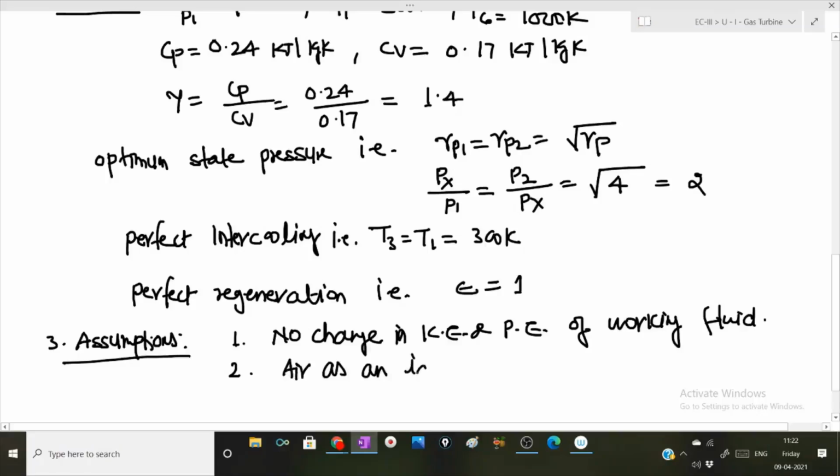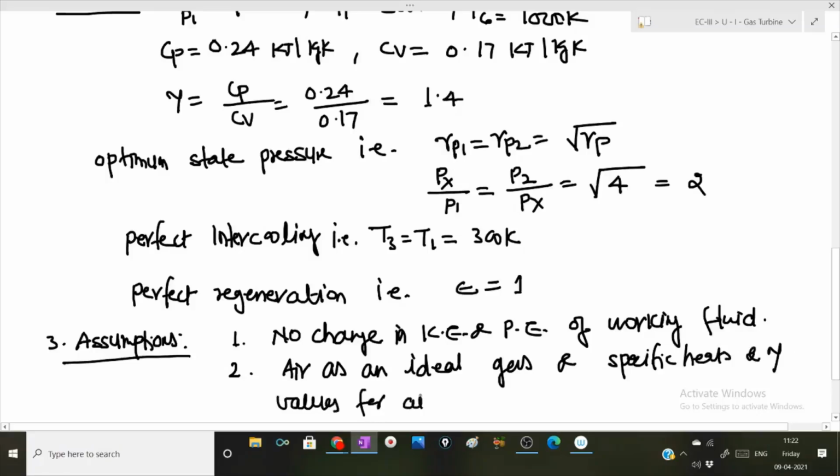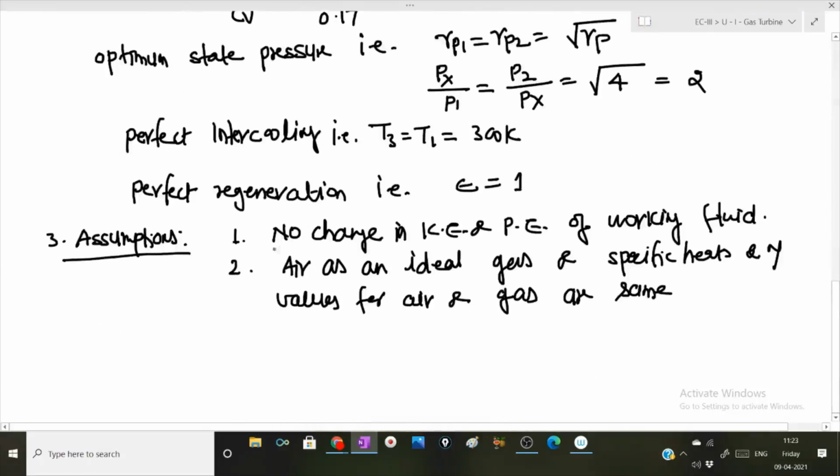So as and when required, we can use the gas law. Air is an ideal gas and specific heats and gamma values for air and gas are the same. That is, whatever Cp, Cv and gamma values we have considered, that will be the same for air and gas.